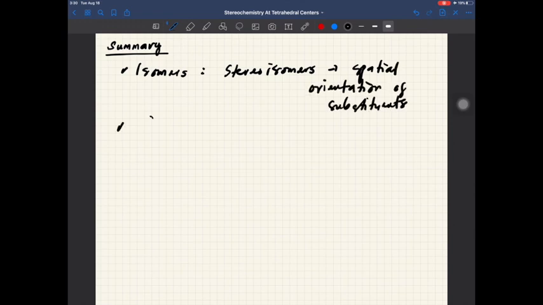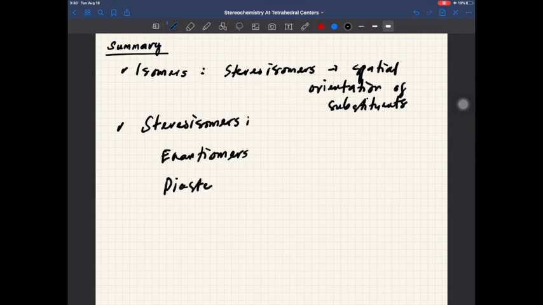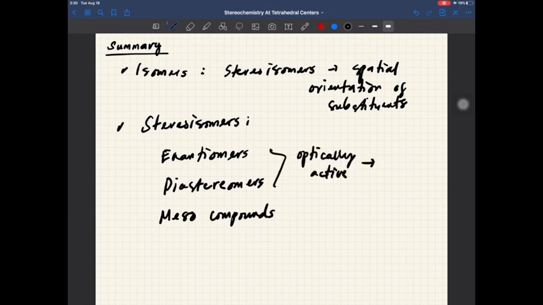And under stereoisomers, we have enantiomers and diastereomers, and also meso compounds. Both enantiomers and diastereomers are optically active, meaning they have what we call chirality. On the other hand, meso compounds have chiral centers but are not optically active.